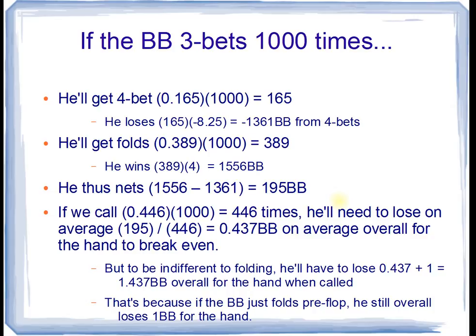So if we do want to make the big blind indifferent to folding or 3-bet, we have to remember that the big blind can still overall lose money for the hand with his worst 3-bet bluff, as long as he loses less money overall than 1 big blind, because if the big blind were to fold pre-flop, he loses 1 big blind. So that's why we have to add this one right here. So I'm going to say it one more time. To be indifferent to folding or 3-betting pre-flop, the big blind will on average have to lose 1.437 big blinds when called.